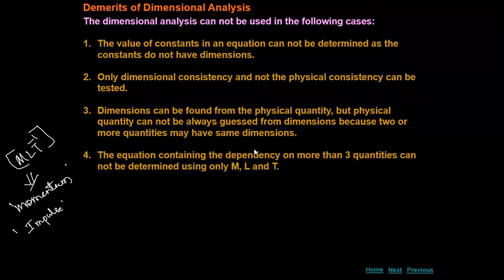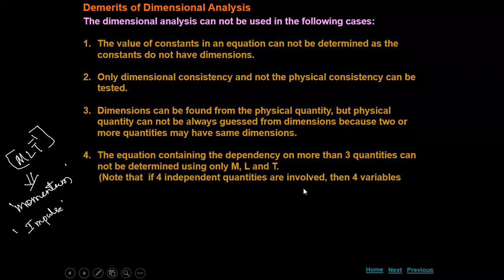Usually we were writing only in terms of M, L, and T. If M is not there, we write the power as 0 and continue. So if it involves more than 3 physical quantities, it looks a little difficult to solve. Of course, we may write it in terms of power of k if it involves temperature, but we do not know how many physical quantities are involved, so it may not end with the exact result. So it can be treated as an alternate method only.